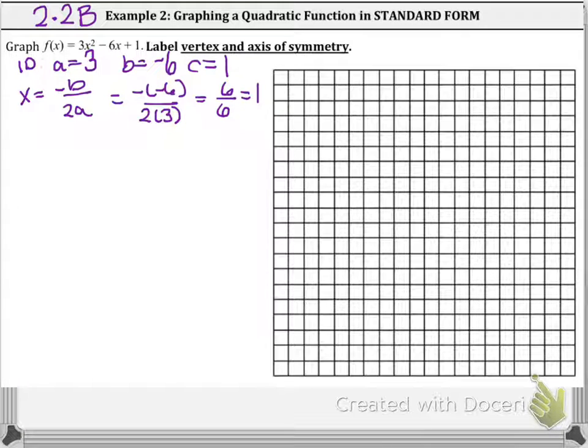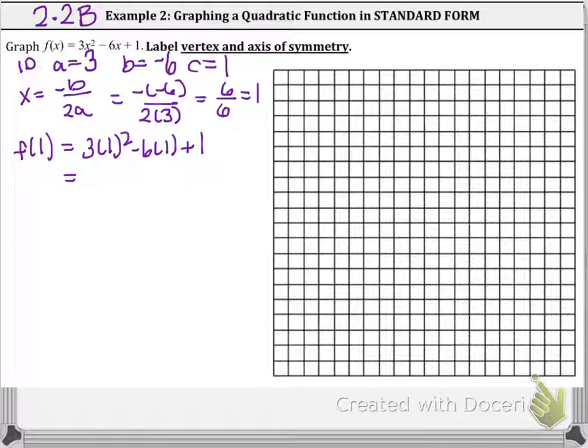Then, in order to find the y value of the vertex, we plug it into our original function. So we'll plug in f of 1. This is 3 times 1 squared minus 6 times 1 plus 1.